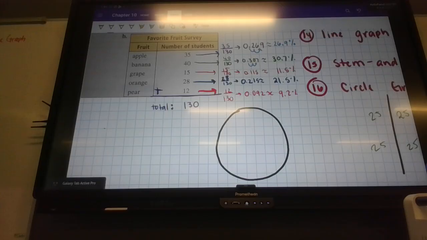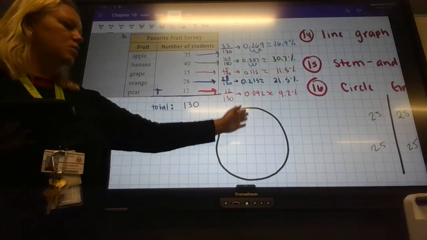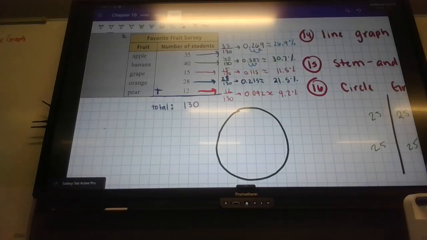So we know that half of a circle is 50% and a quarter is 25%. So it's helpful to focus on that. I'm just going to lightly with my pencil look at this circle divided into 4 equal parts.